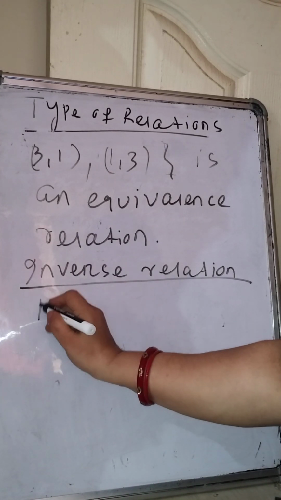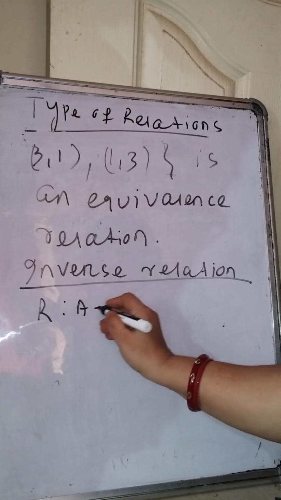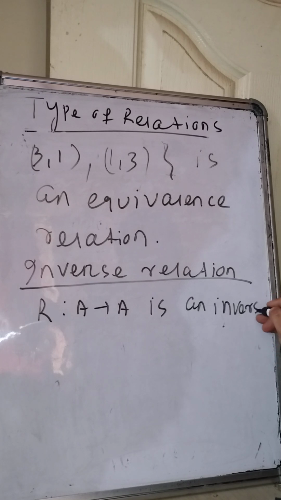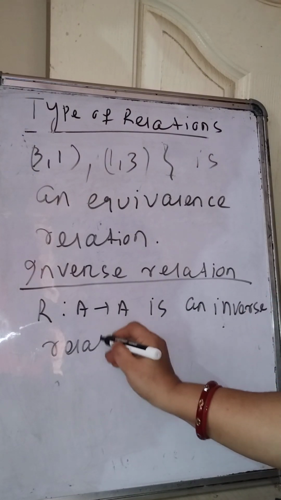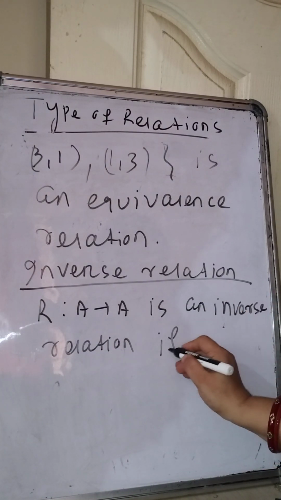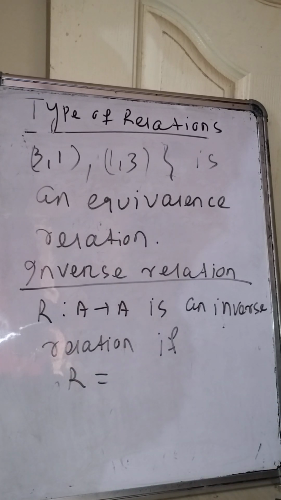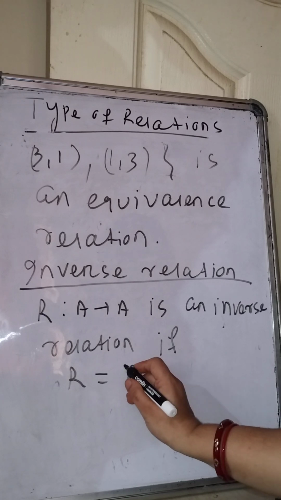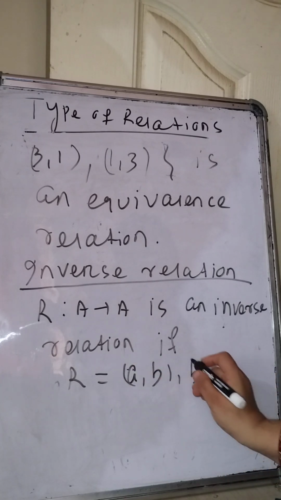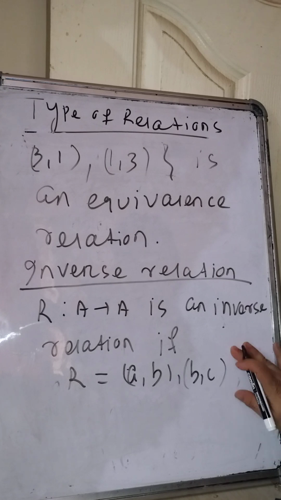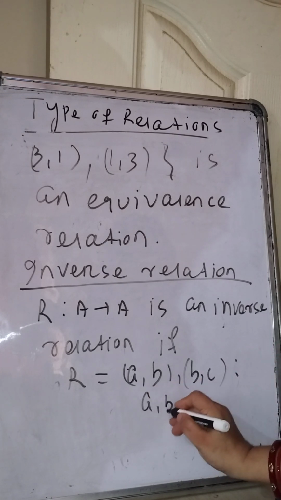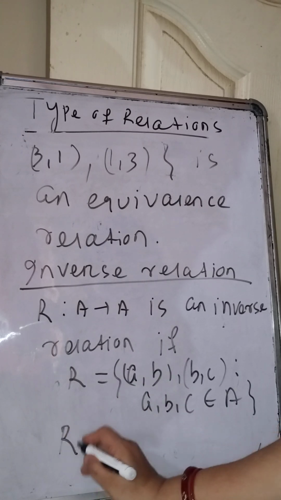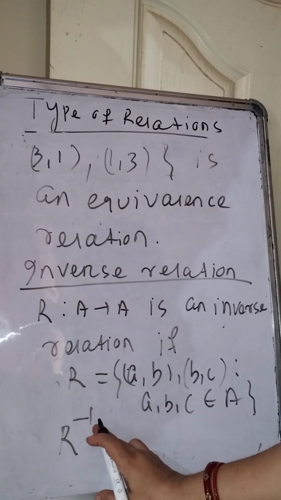A relation R on set A has an inverse relation if R takes this form: that means R is considering (a, b), (b, c) like this, where a, b, c belong to the given set A. Then the inverse of the relation R is denoted by R inverse.